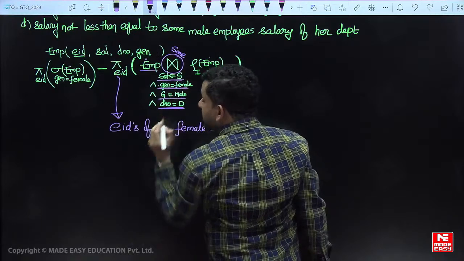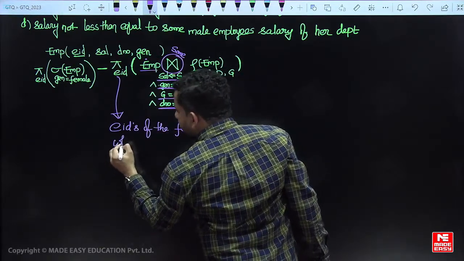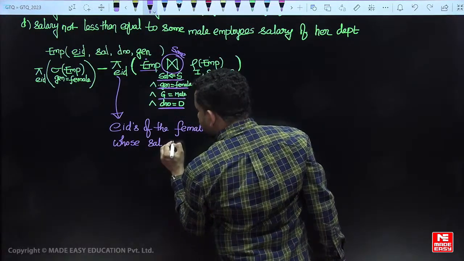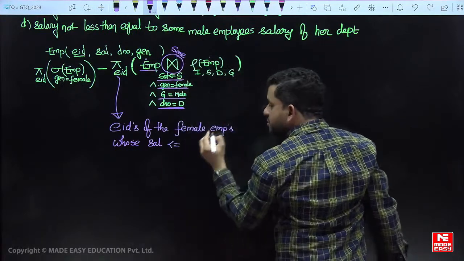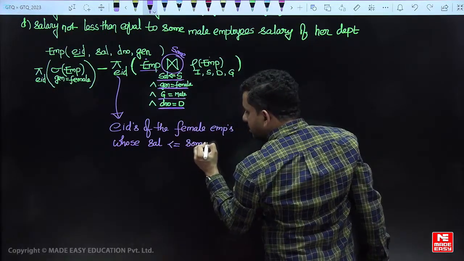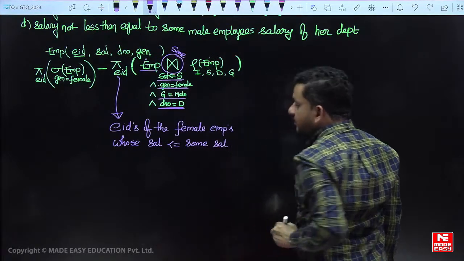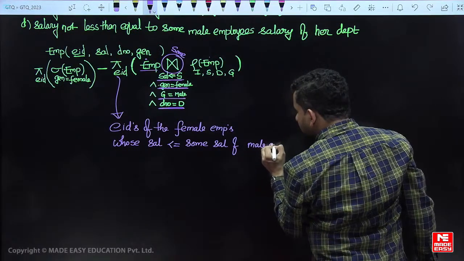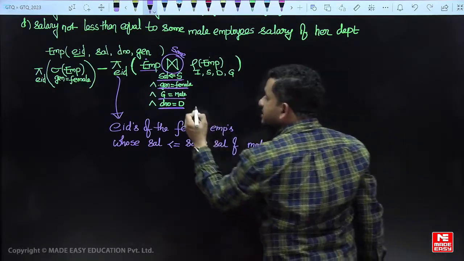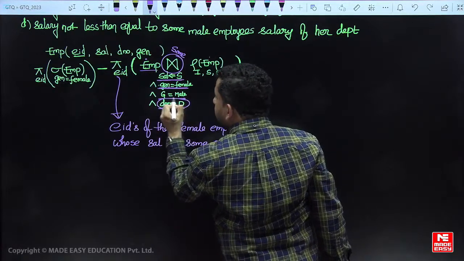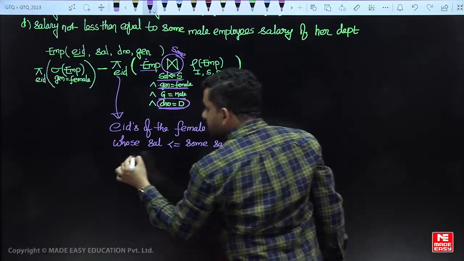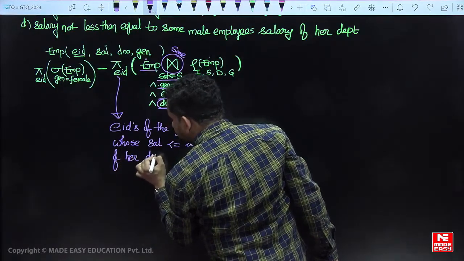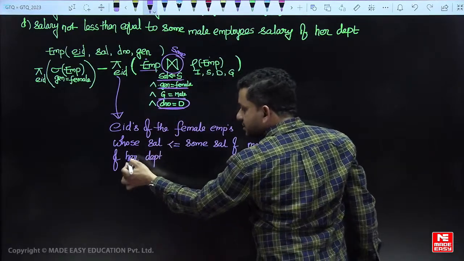It is a direct conditional join, whose salary is less than or equal to some salary of male employees for their own department, the same department, meaning her department.